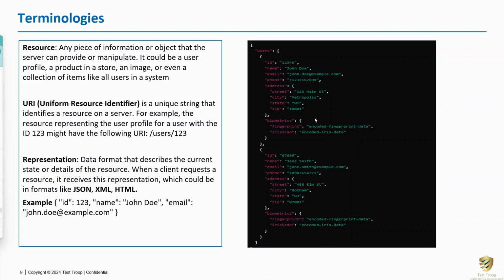In this structure, each user is treated as a resource, and the individual details like name, address, biometric data, and email are considered attributes of this particular user.